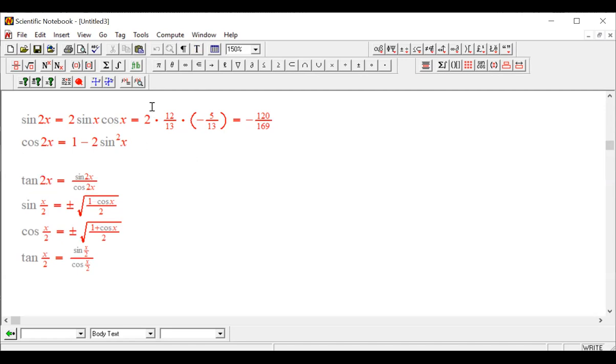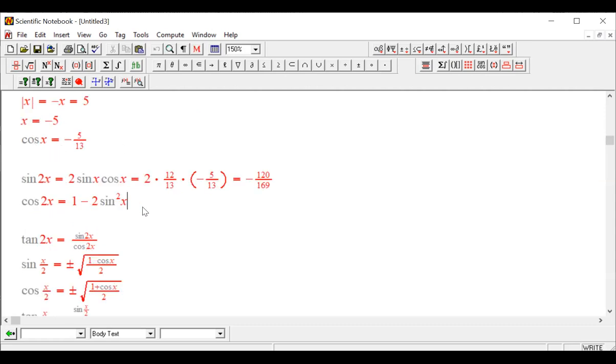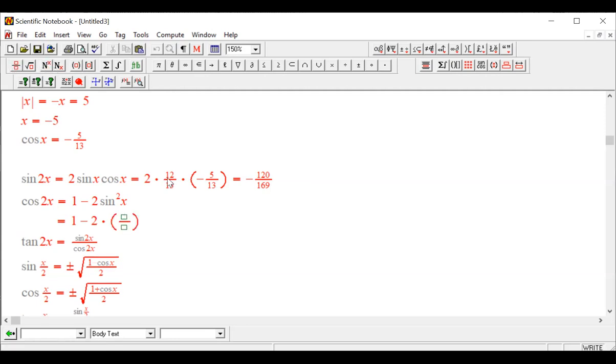For cosine 2x, you can actually use any one of the 3 formulas. Since we know sine x first, we just use this formula: 1 minus 2 times the square of 12 over 13.